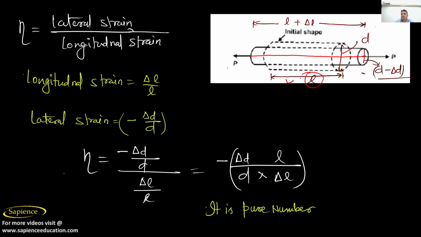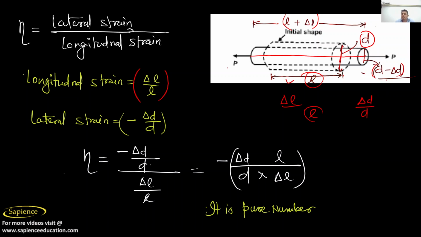Earlier the length was L, and after the force is applied the length becomes L plus del L. The change in length is del L and the original length is L, so the longitudinal strain is del L by L. Now the lateral strain: earlier the diameter was d, but as soon as you stretch it, the diameter reduces to d minus delta d. So the strain is delta d by d.